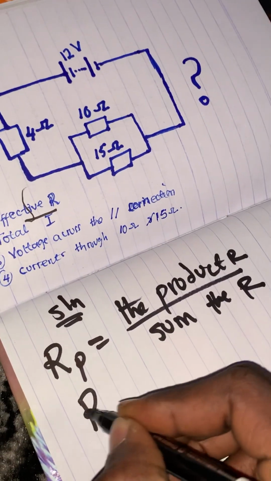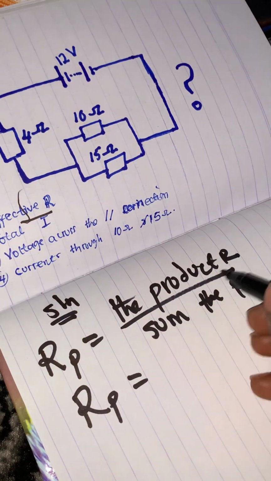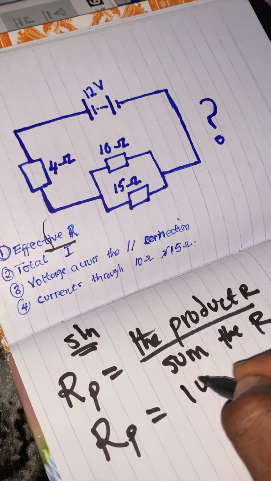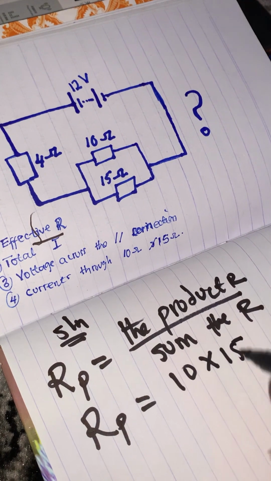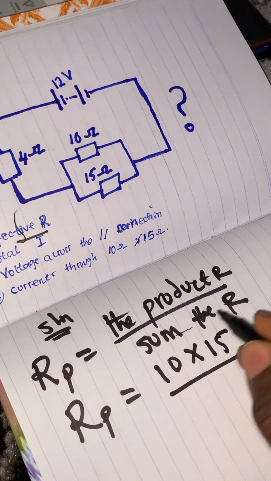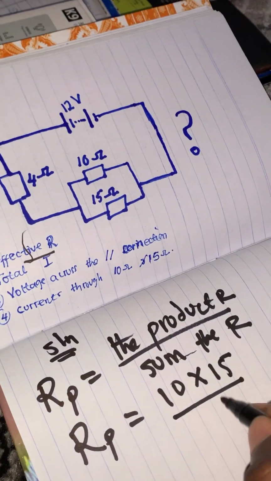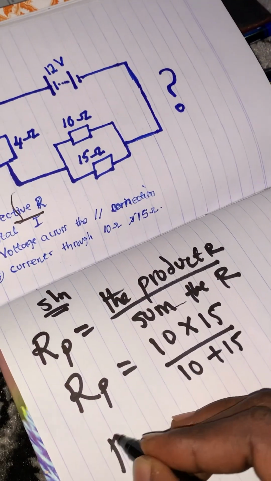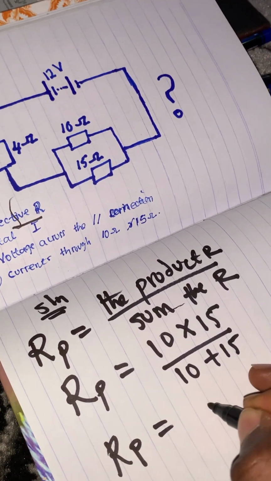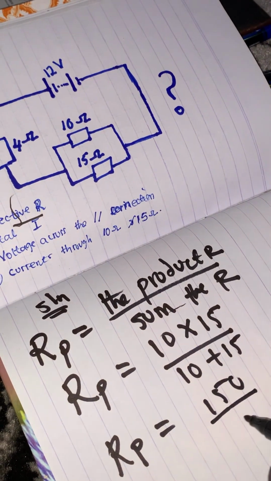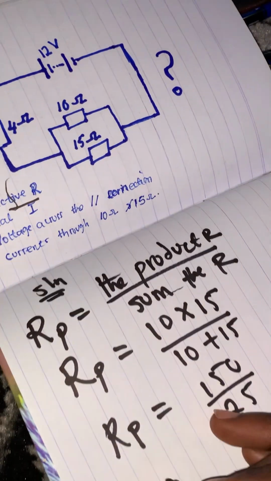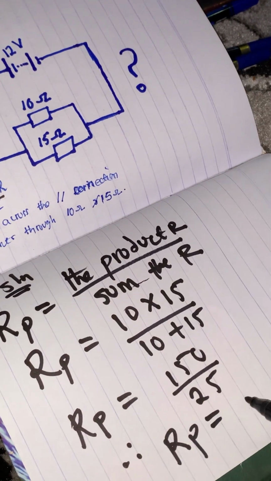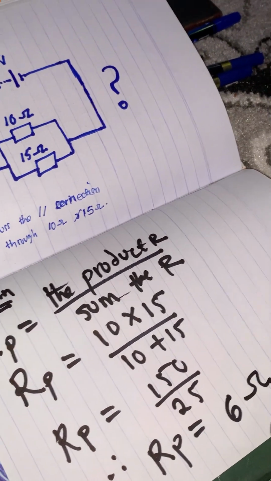So this would simply be the product of these two parallel resistors, that is 10 multiplied by 15, divided by the sum of the two parallel resistors, 10 plus 15. R parallel would be equal to 150 divided by 25. Therefore, R parallel equals 6 ohms.